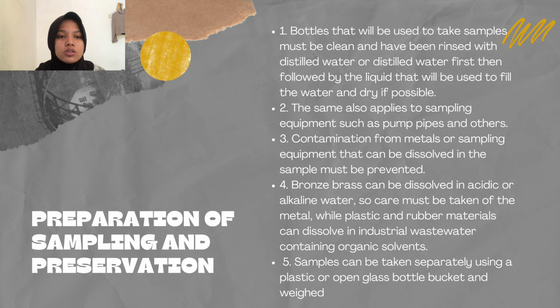For example, do not choose a container made of plastic or rubber if the sample contains organic or non-polar compounds. Samples can be taken separately using a plastic bucket or open glass bottle, weighed for example by a lead ring around the neck, tied with a rope and then put into a river, a well, and so on.